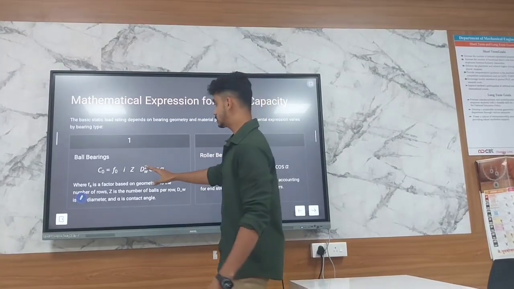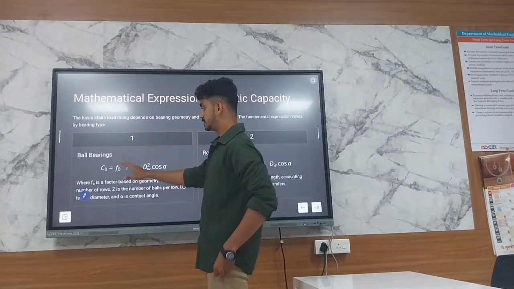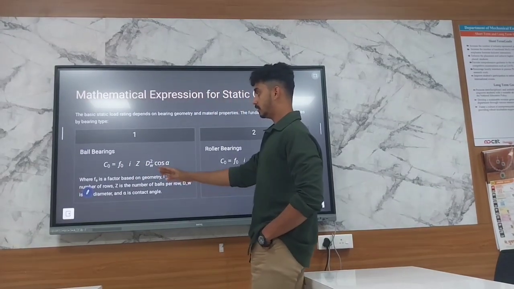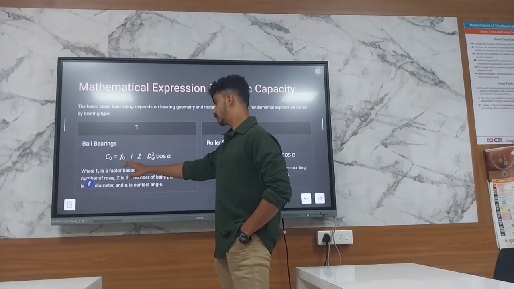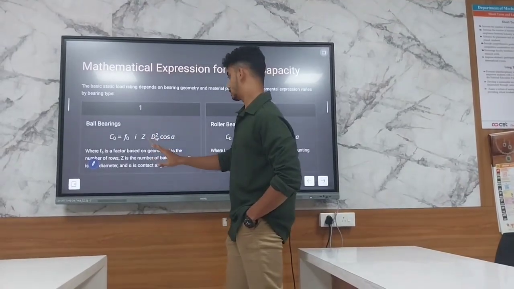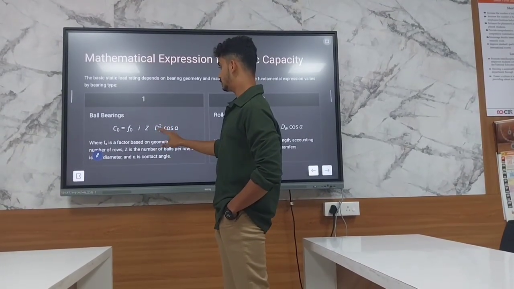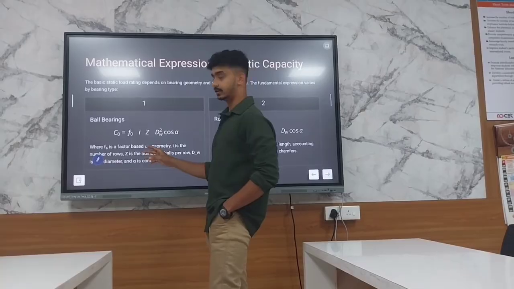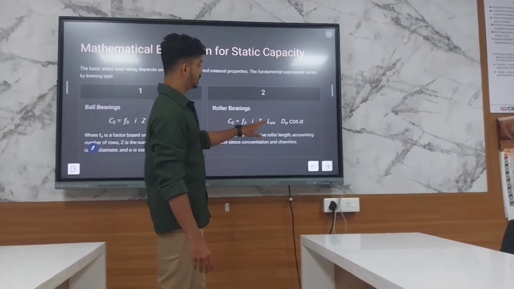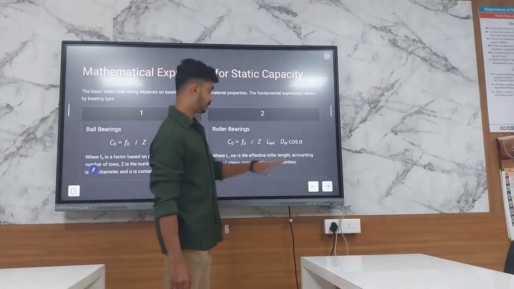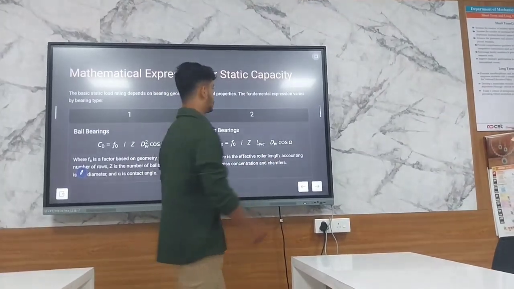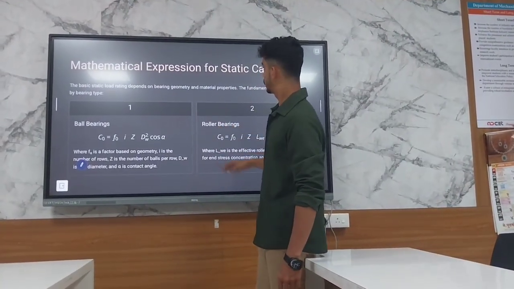For a ball bearing, C0 = f0 i Z Dw² cos α, where f0 is a factor based on geometry, i is the number of rows, Z is the number of balls per row, Dw is the ball diameter, and α is the contact angle. For a roller bearing, C0 = f0 i Z Lwe Dw cos α, where Lwe is the effective roller length. So these are the expressions for bearings.